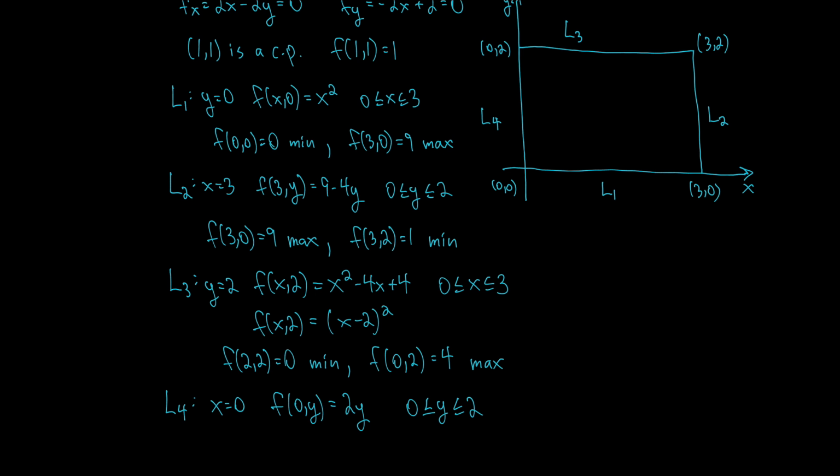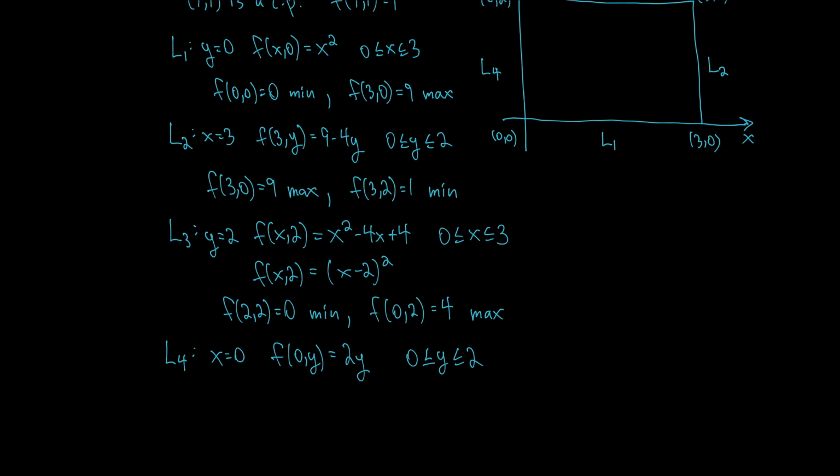So we see that f(0, 2) equals 4 is our maximum, because again, this is an increasing function, so the maximum happens at y equals 2. And we also see that then f(0, 0), when y is 0, must be a minimum.